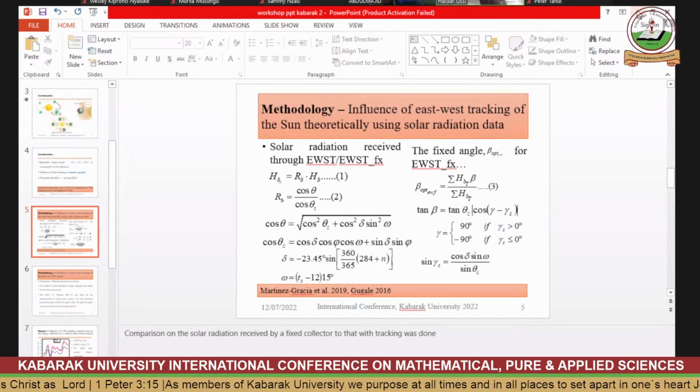It was taken as a challenge or recommendation for further studies to find the improvement or influence of tracking using an automatic tracker, so that we can have a clear picture of the influence of sun tracking, taking into consideration some of the energy that will be lost in operation of using an automatic tracker.